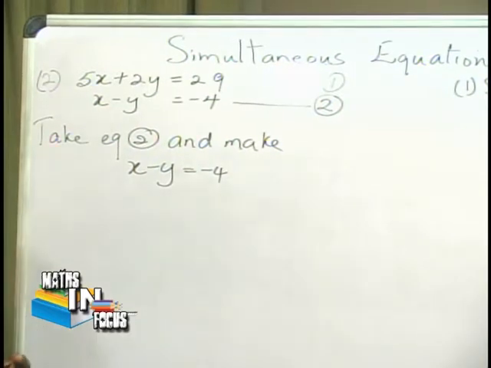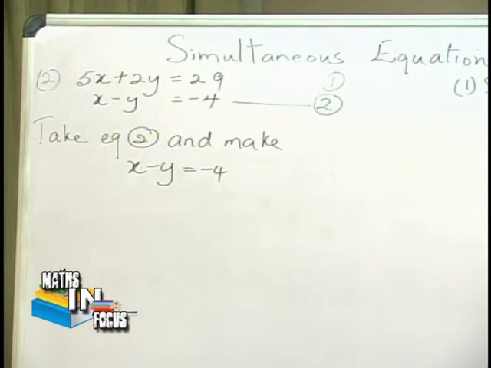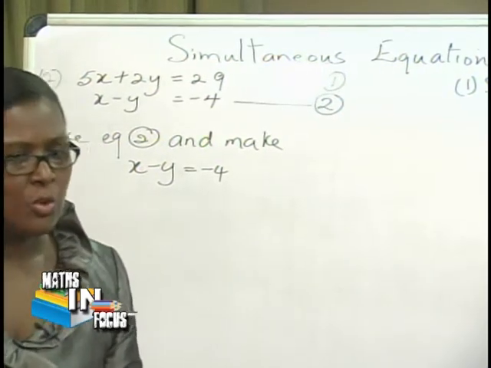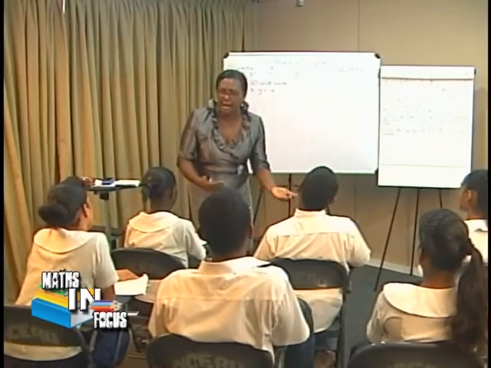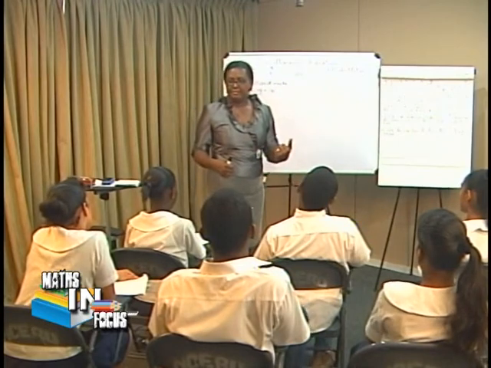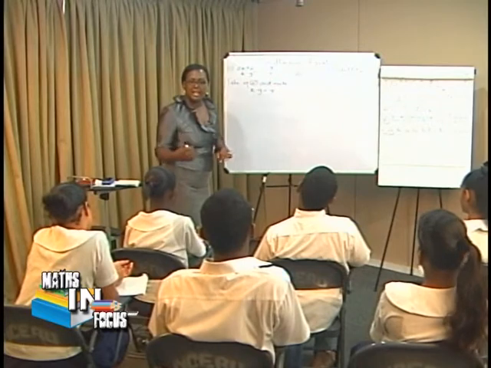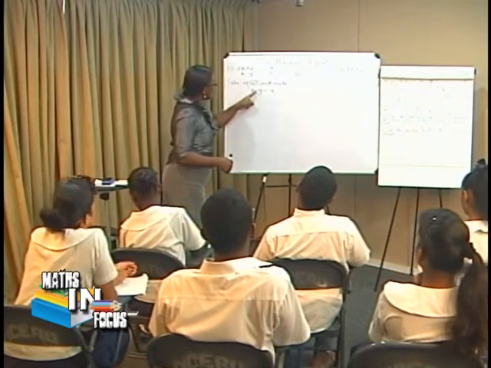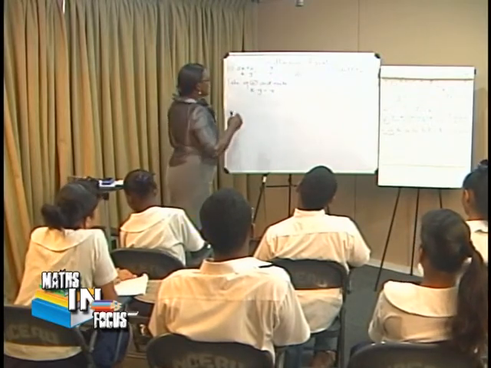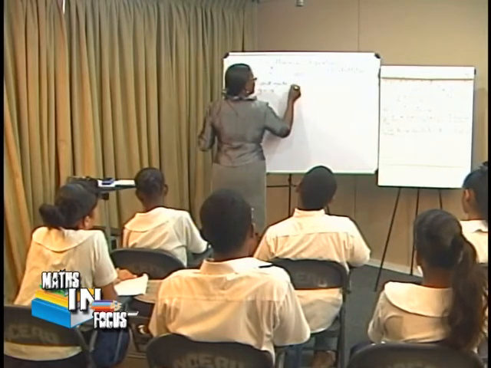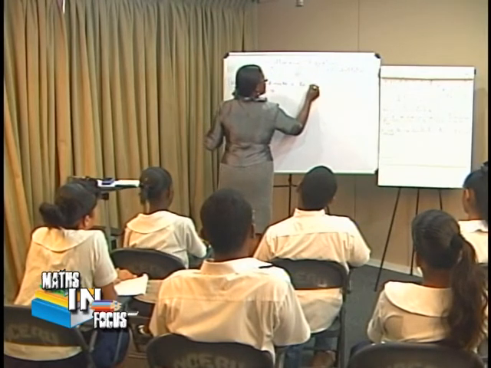If I use x, then when I take y across, y becomes? Is it easier, simpler for you to use x as the subject or y as the subject? x as the subject. Because in using x, you get rid of the negative in the y. So, make x the subject.